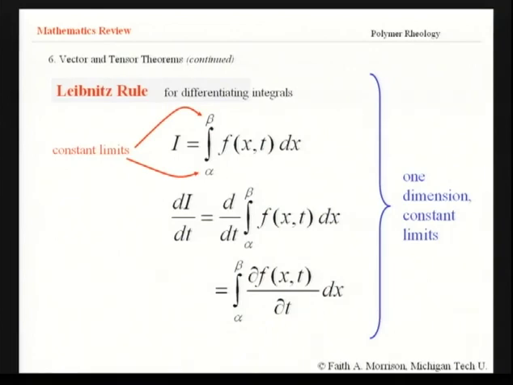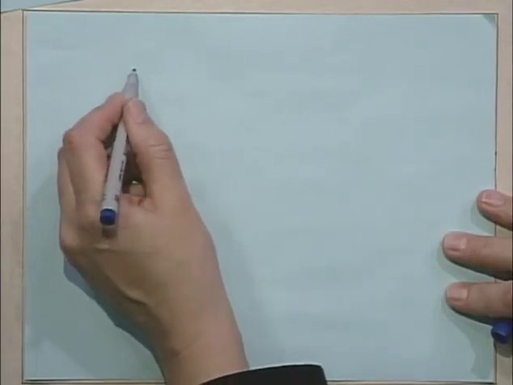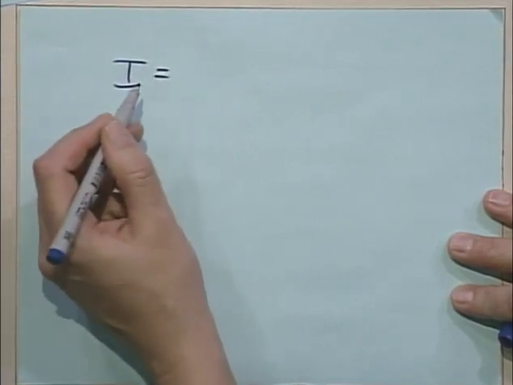And it's a rule that's used for differentiating an integral. And let me write it here. We're actually going to use these right away, so we'll get a chance to understand how they're used right away.